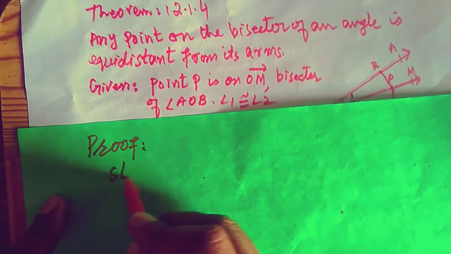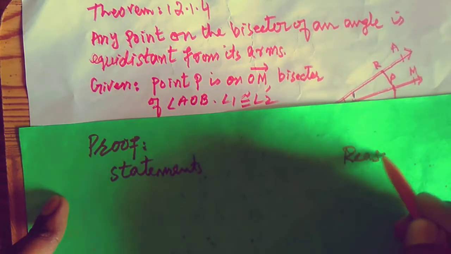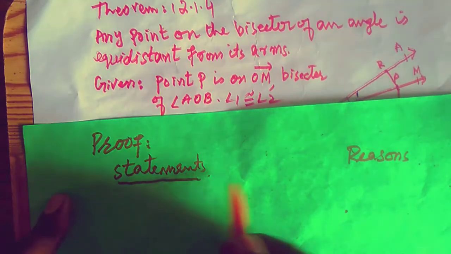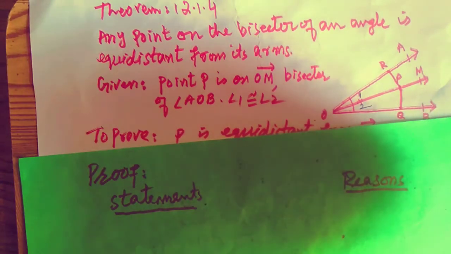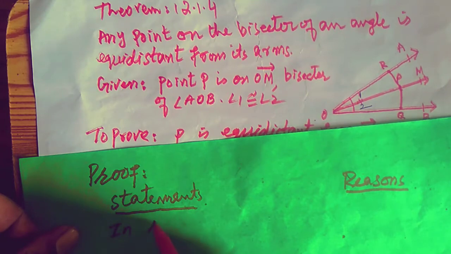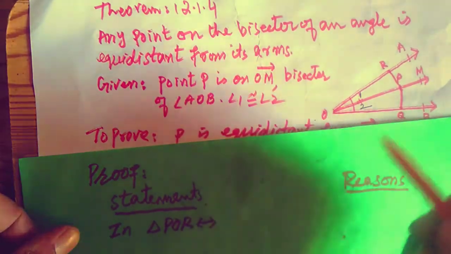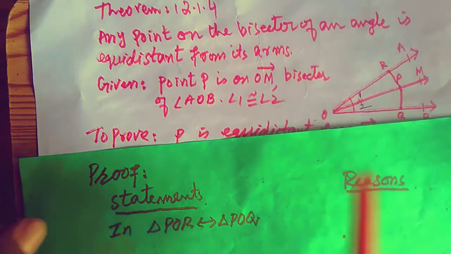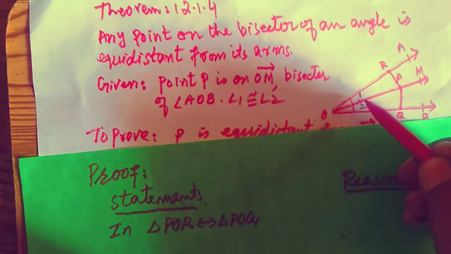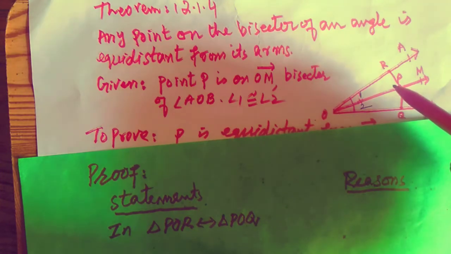its proof: two triangles are formed. Triangle POR and the corresponding triangle POQ, in which each triangle has 6 components.